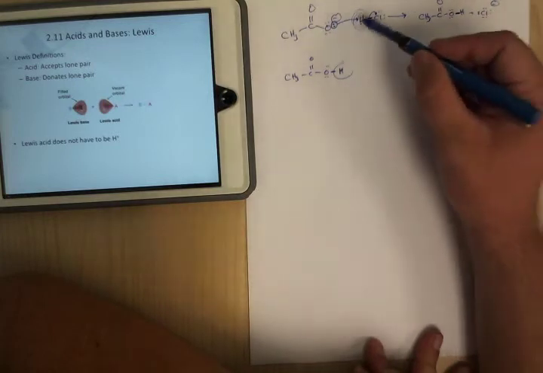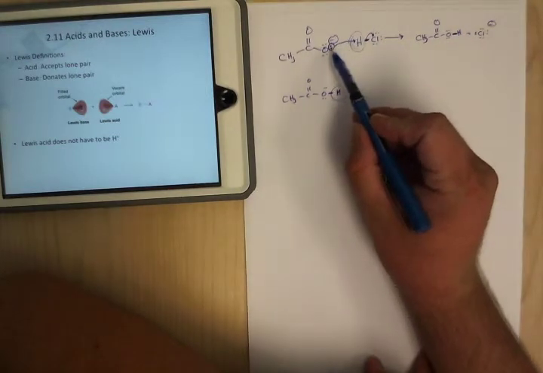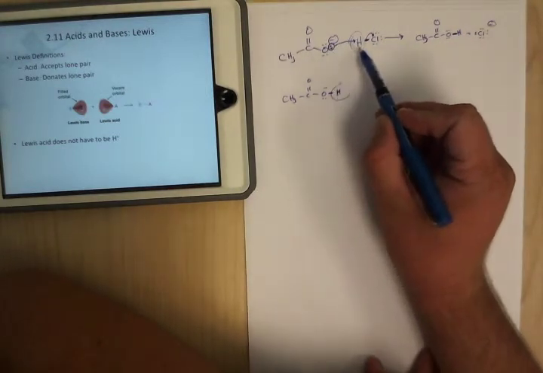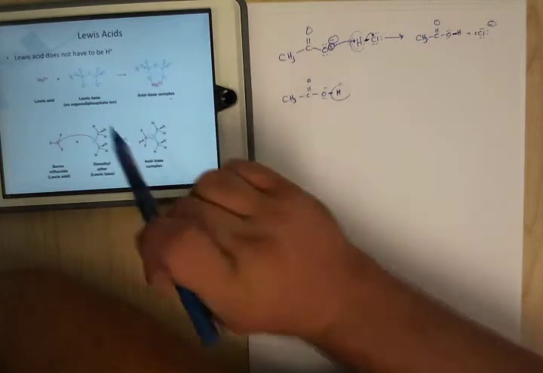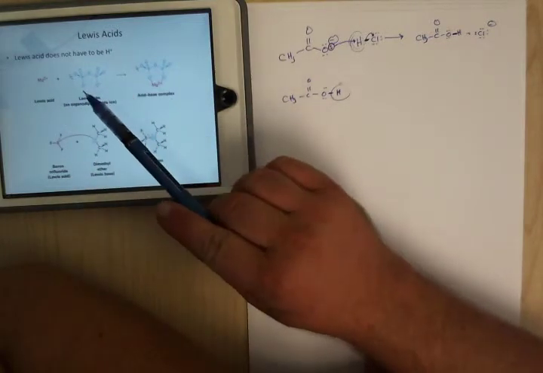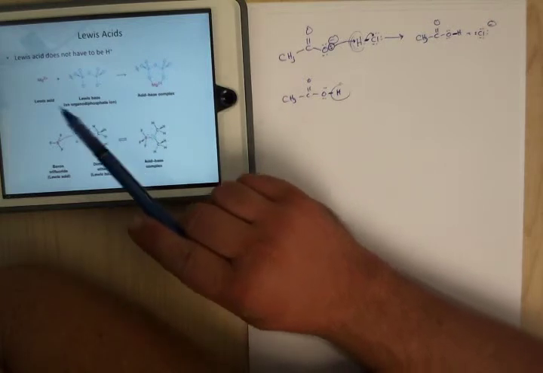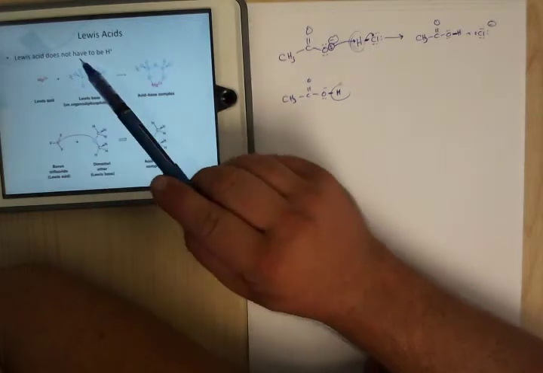It doesn't have to be H or H+. It can be anything you want, as long as it needs those electrons. It's this lone pair of electrons coming in and attacking something that wants a new bond. And so you can have things like this. Lewis acids don't have to be H+, but they're typically going to have a plus charge. So this one here, magnesium, is a Lewis acid. It has a plus charge. This is a Lewis base.